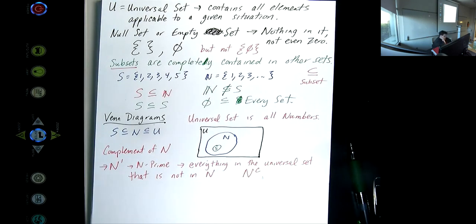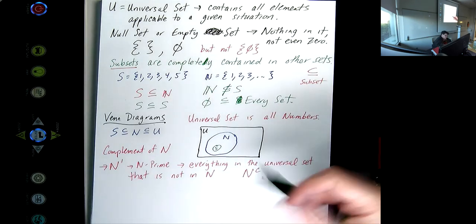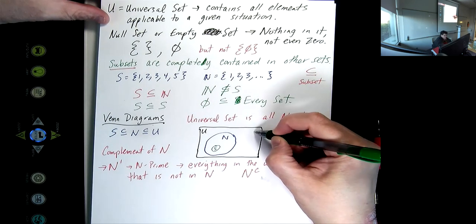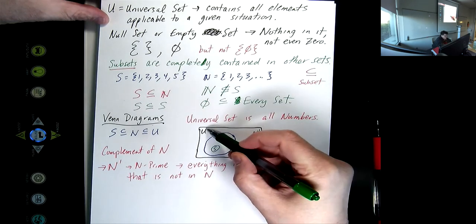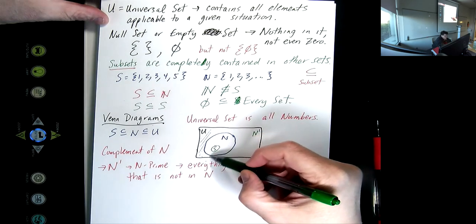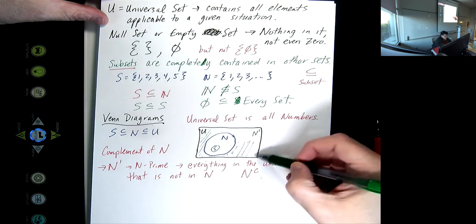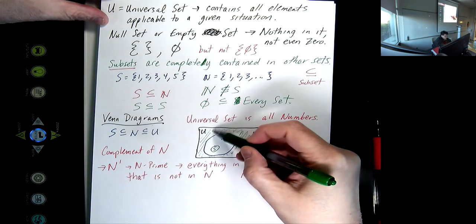C for complement. So if N is this blue circle, N prime is everything outside the blue circle, in Venn diagram terms.